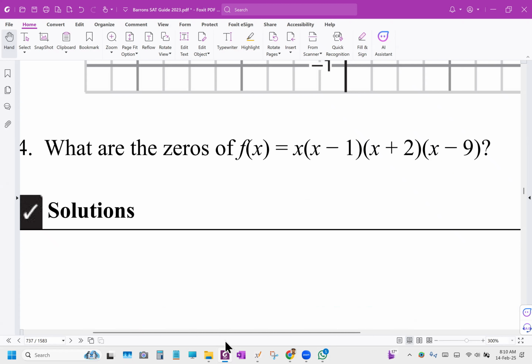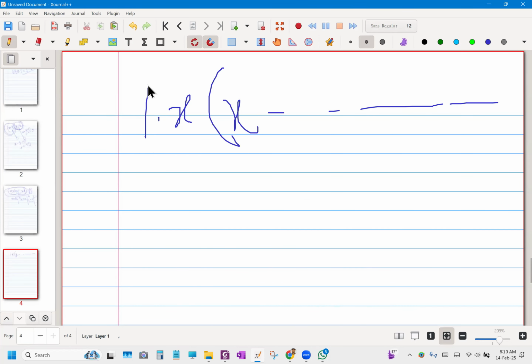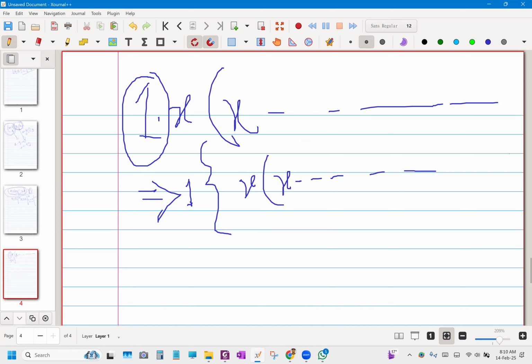The simplest answer is to write this one as 1, then use curly braces around x minus something and so on, whatever the product is, equals 0. You are not allowed to write 1 equals 0. You cannot write that 1 is equal to 0.